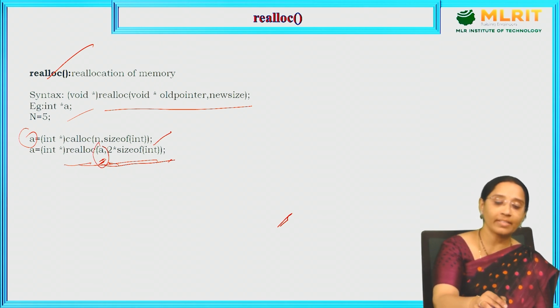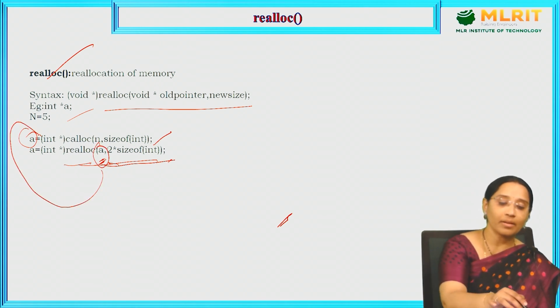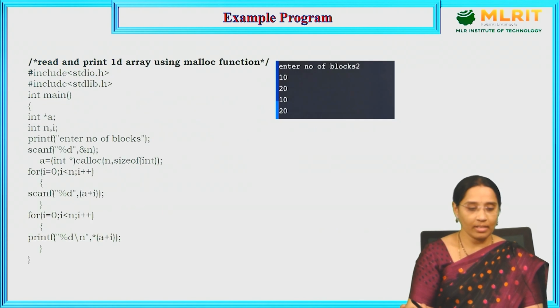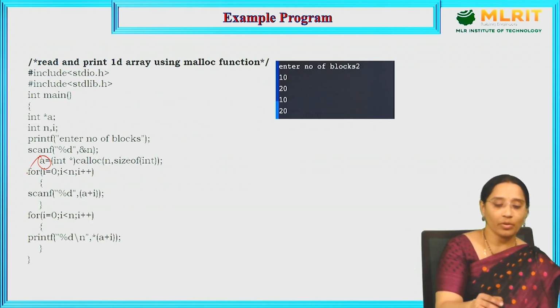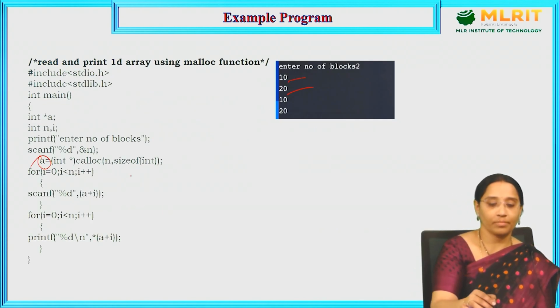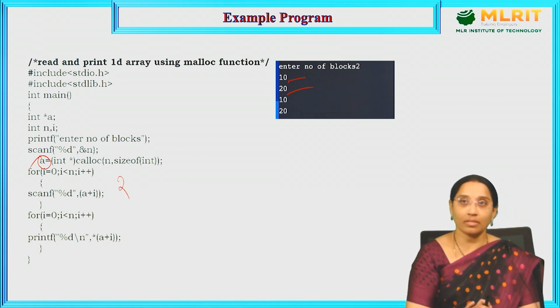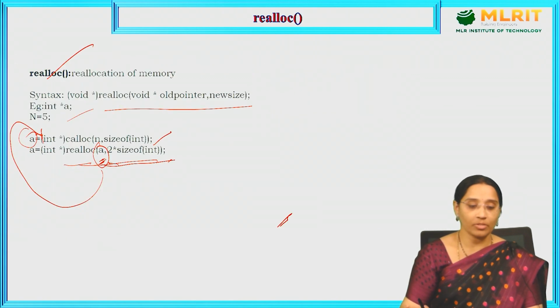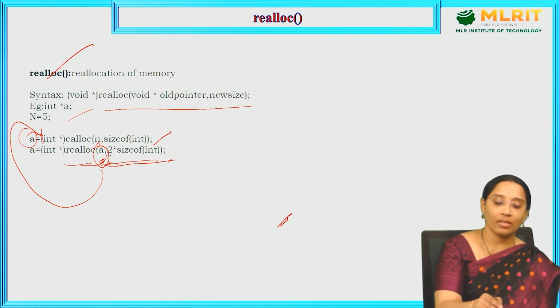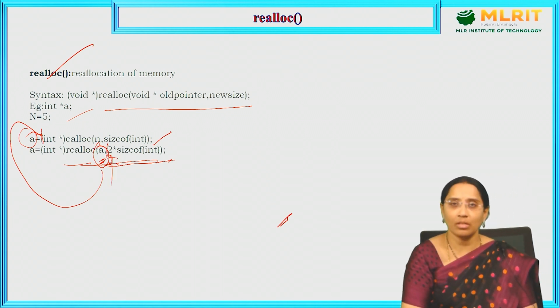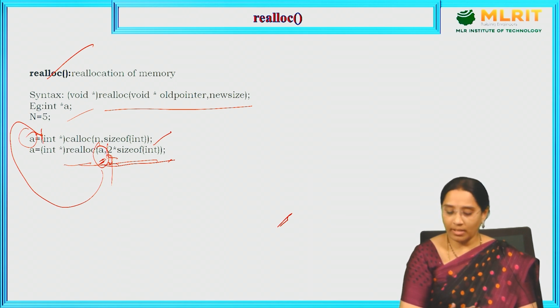So what is the A here? A is the previously allocated pointer. Here in this case we have taken 2 values. If I want to increase the size by using the realloc, yes, you can do it. Just write 4 into size of int. So by using this realloc, you can either increase the size or you can decrease the size.